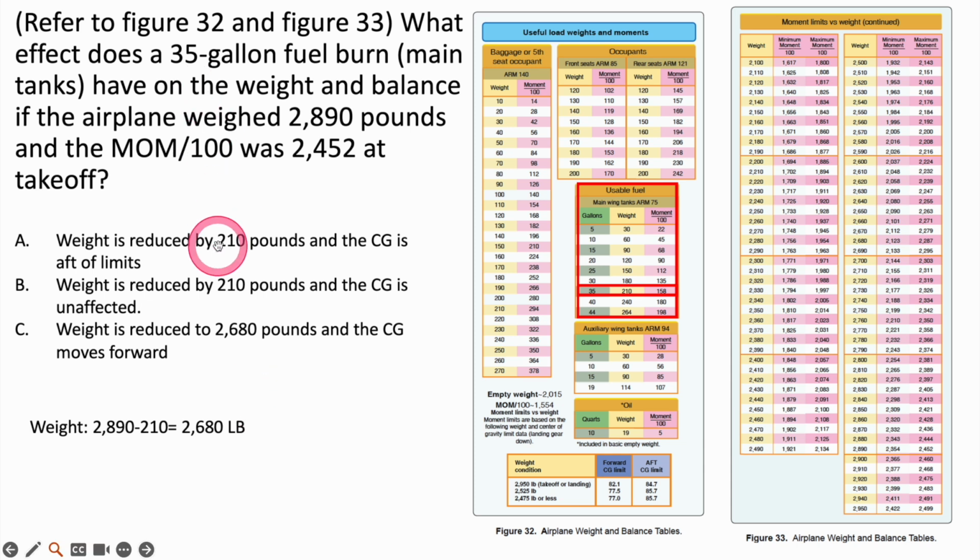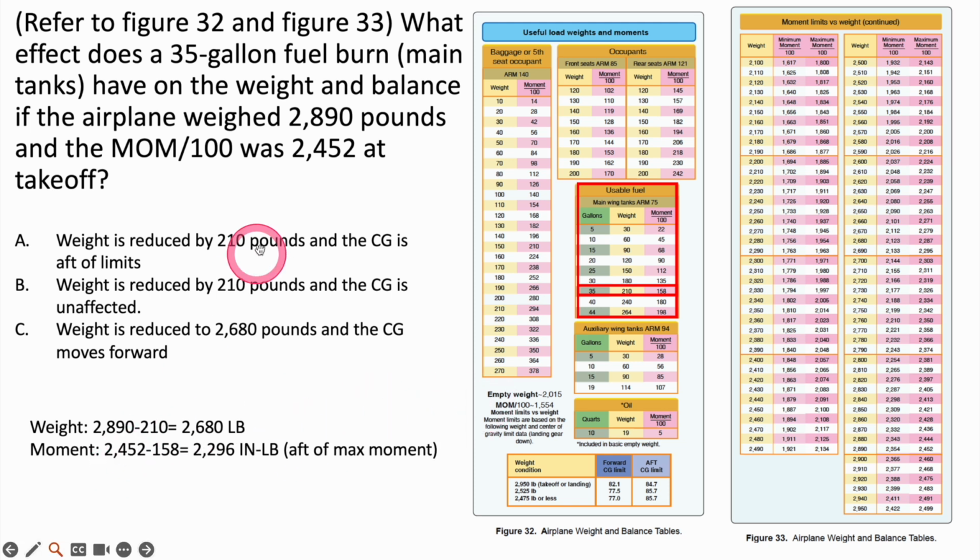If you try to jump ahead, all of these answer choices at a glance look correct. Weight is reduced by 210, weight is reduced by 210, weight is reduced to 2,680 pounds, which is the answer we got. So far, any of those answers could be correct. Our next step is to subtract the moment that we used from fuel.